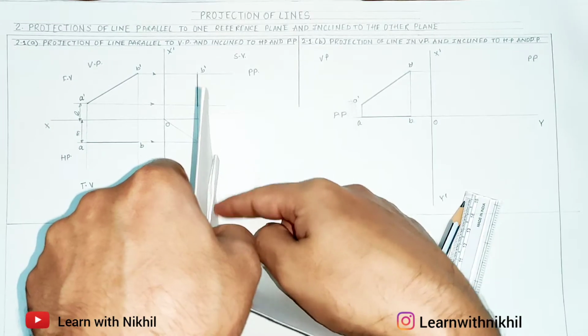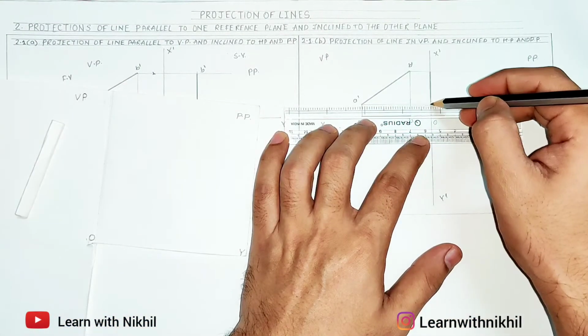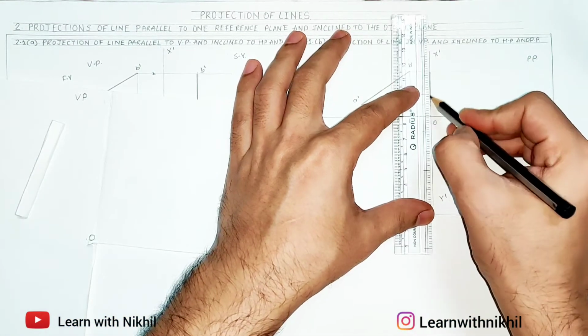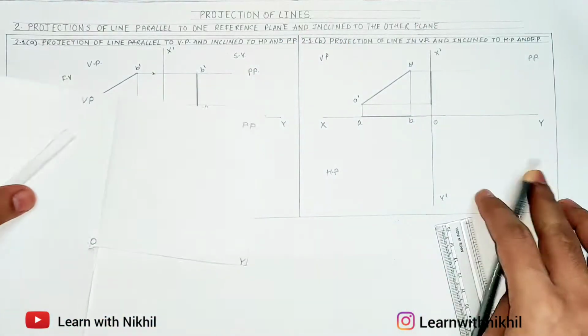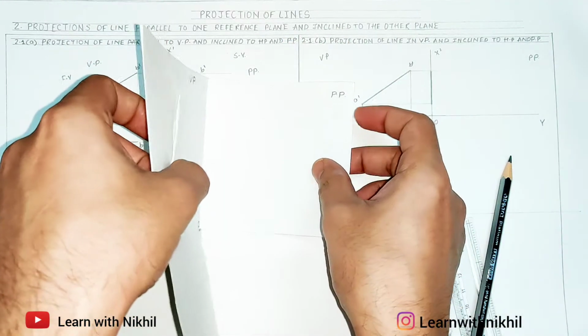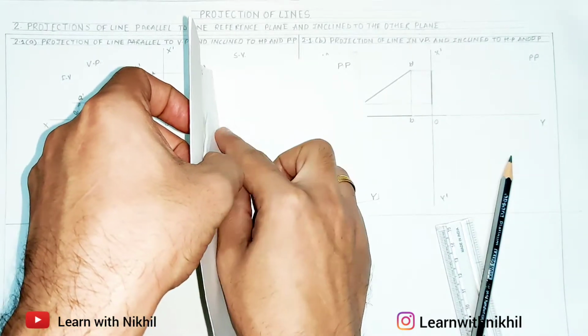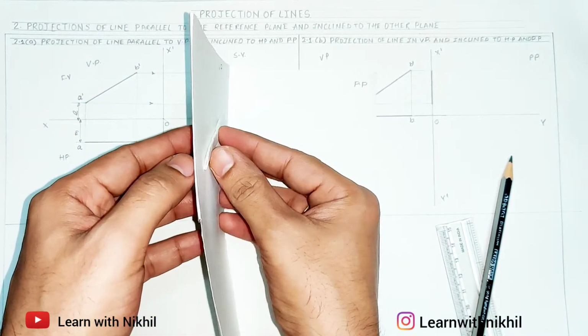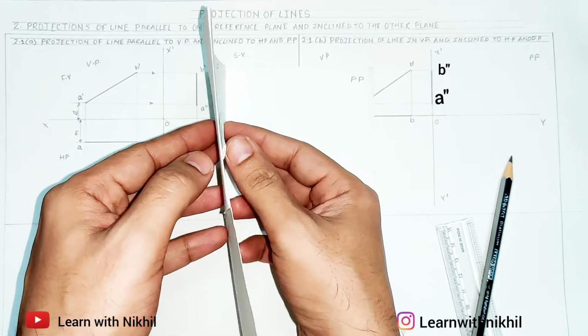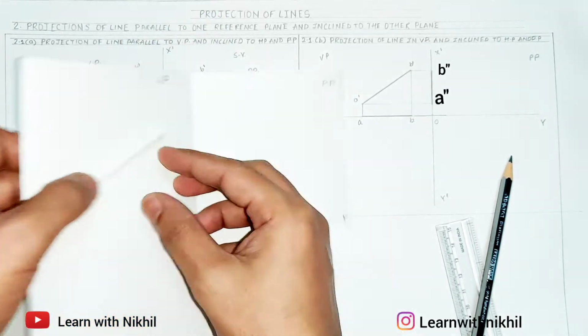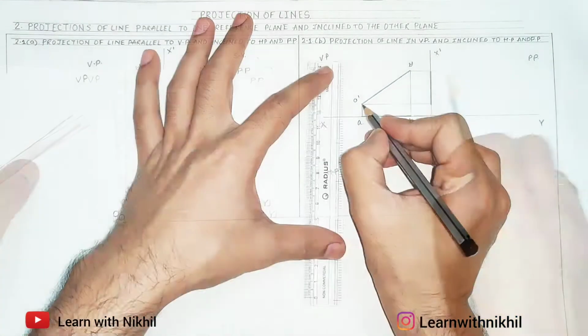It looks like a straight line which is drawn on the axis. So it is like this. And we'll name it as A double dash and B double dash.